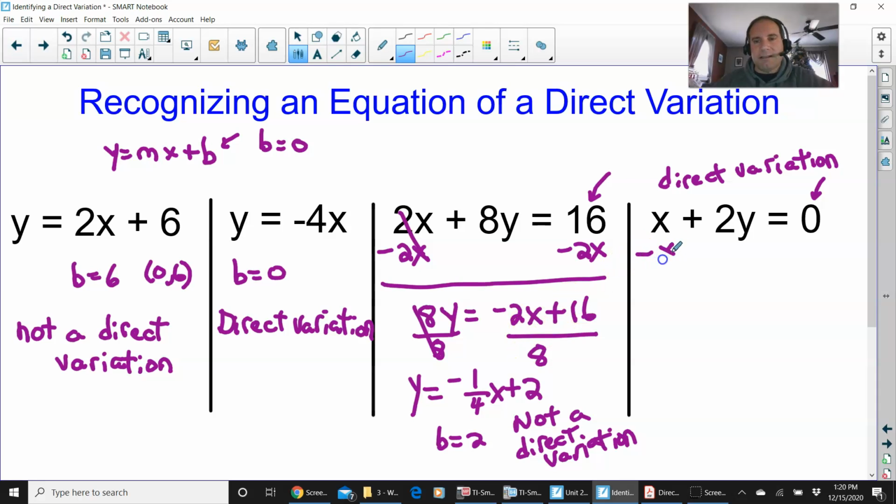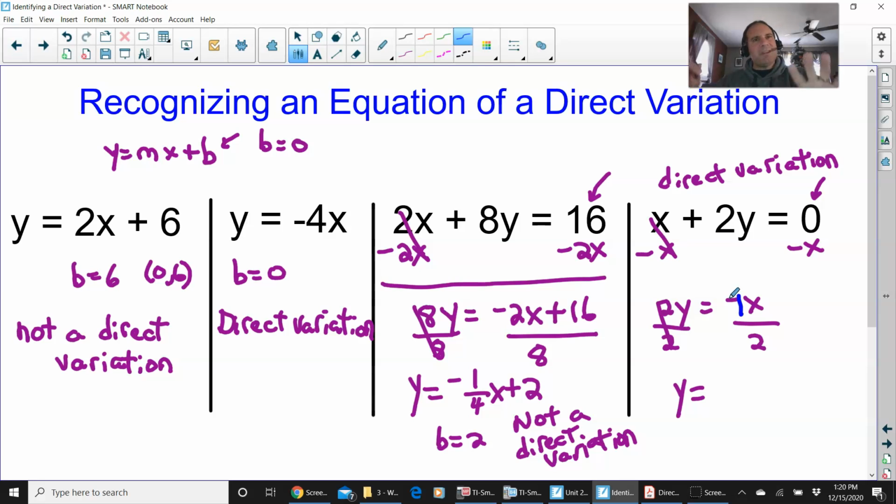So I'm going to subtract x on both sides. Look what happens. Since there's 0 on the right-hand side, we just have -x. We don't put plus 0. Right? So we divide by 2, and then you get y equals, and I just want you to understand, there is a 1 in front of every x. It's understood, right? But when there's a negative in front of the x and there's no coefficient showing, it's -1.